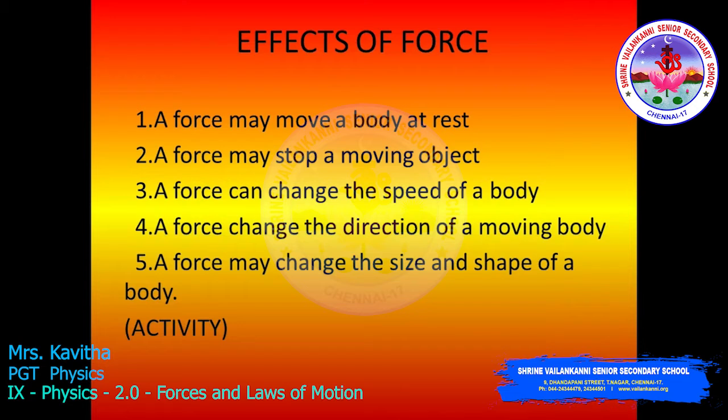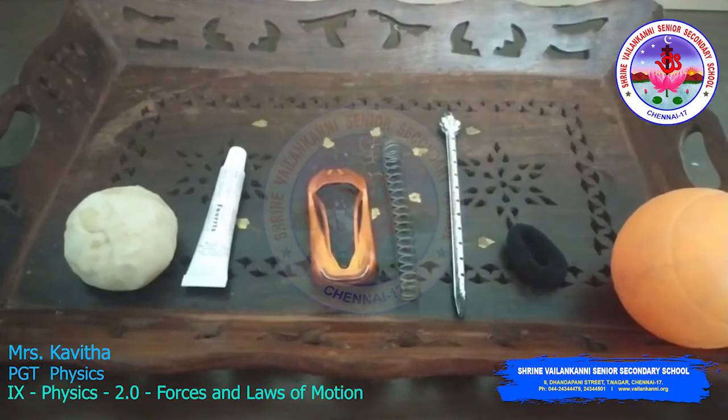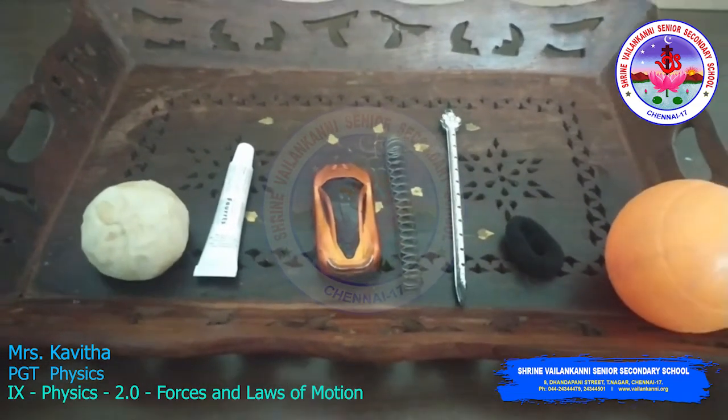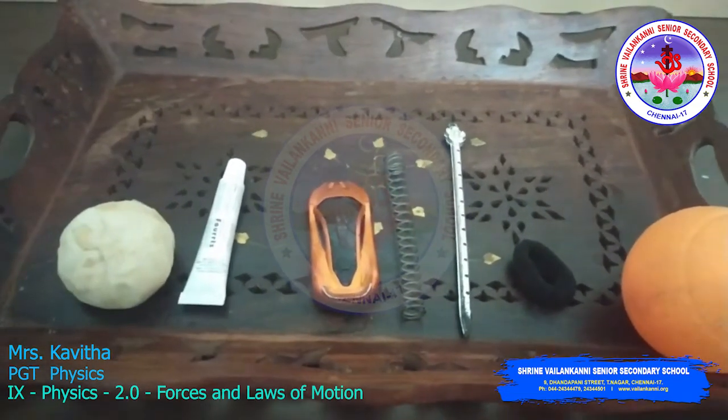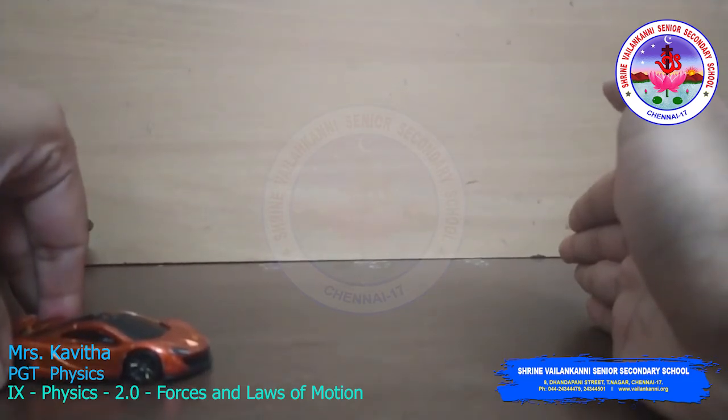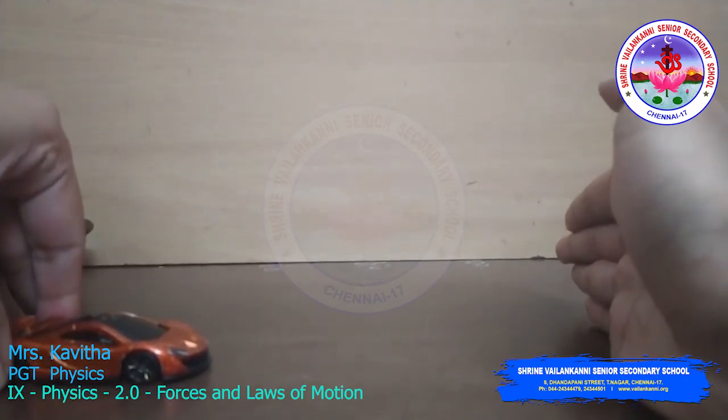Let us perform an activity to understand these effects of force in a better way. In this activity, we are going to demonstrate how force can change the position, motion, shape, and size of an object. First, we demonstrate how force can change the position of an object. Take the toy car and push.